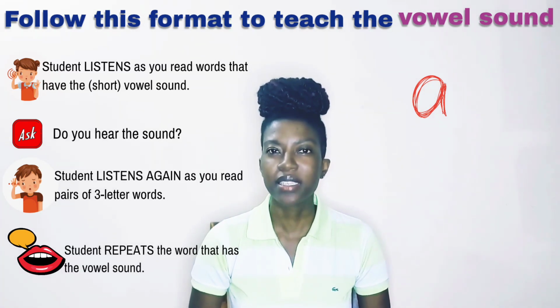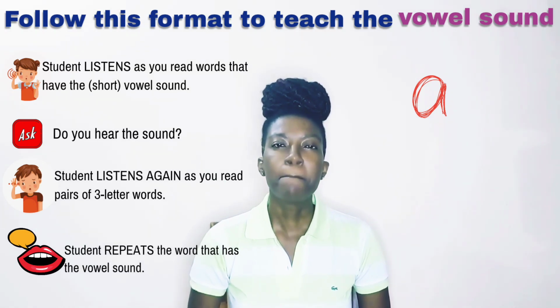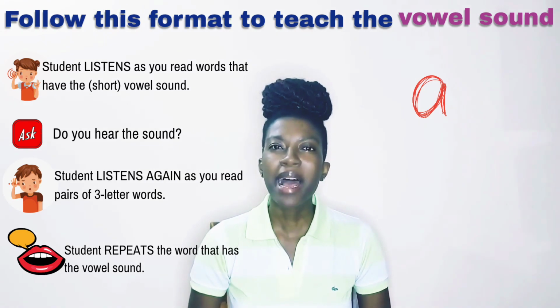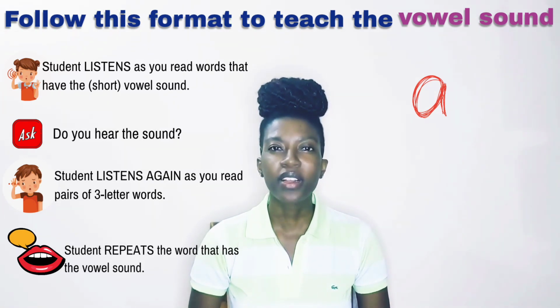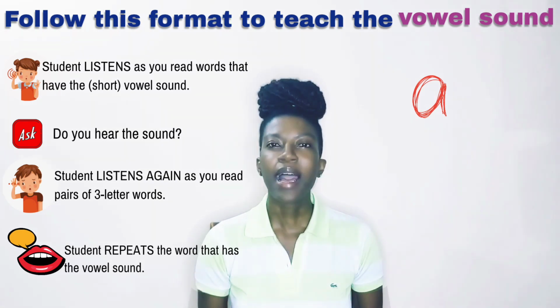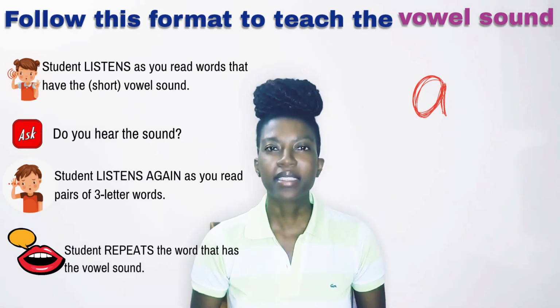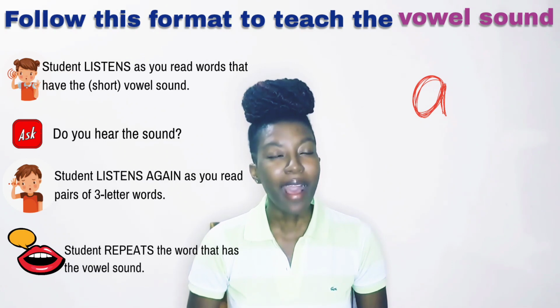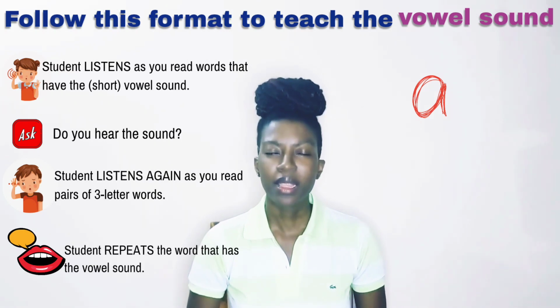They should say yes. Then you say man. When I say man, do you hear the sound? Hat. When I say hat, do you hear the apple sound? They should say yes. And so you find 6 simple words.